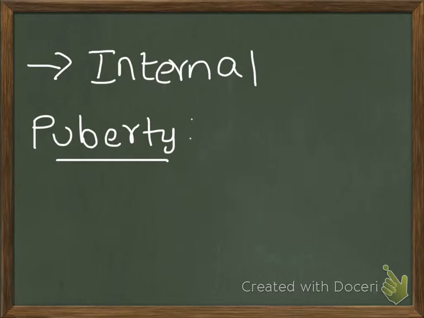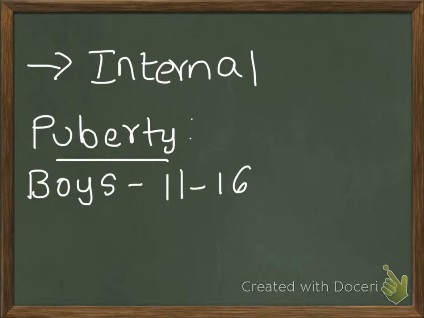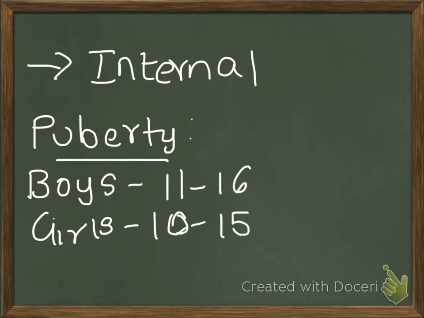The starting of the adolescence age is known as puberty. Puberty starts in boys at the age of 11 to 16 and for girls at the age of 10 to 15. So now what happens during this puberty?